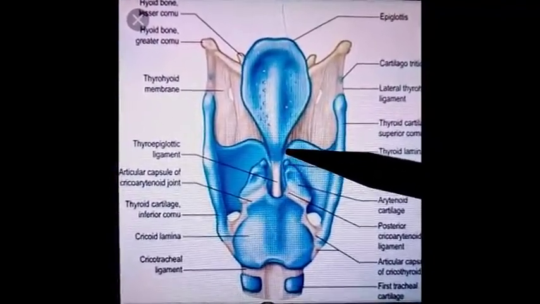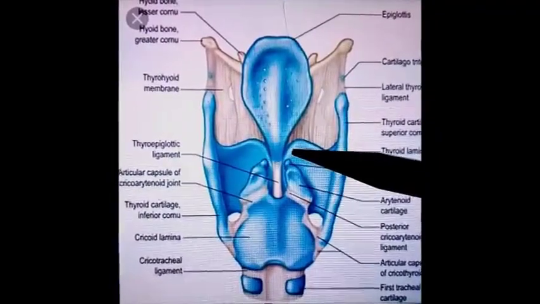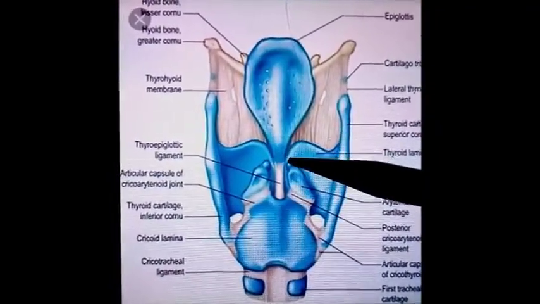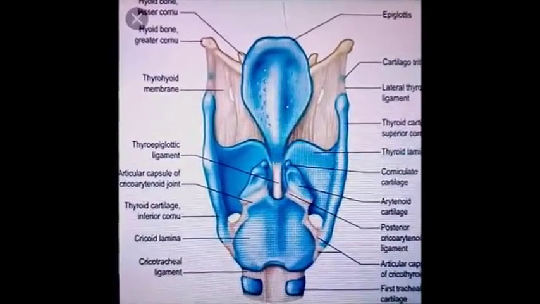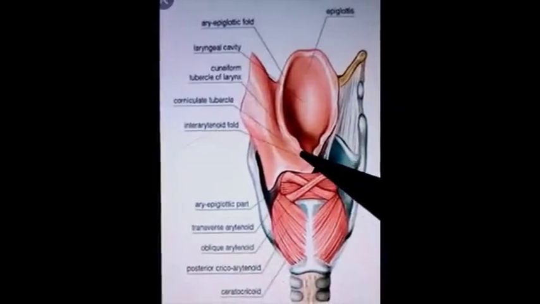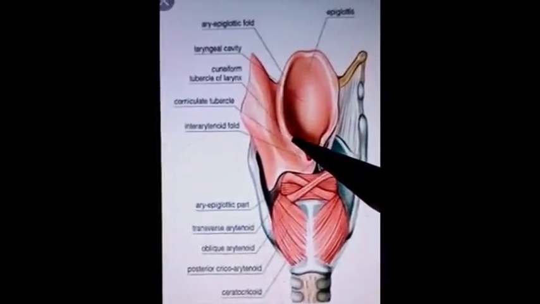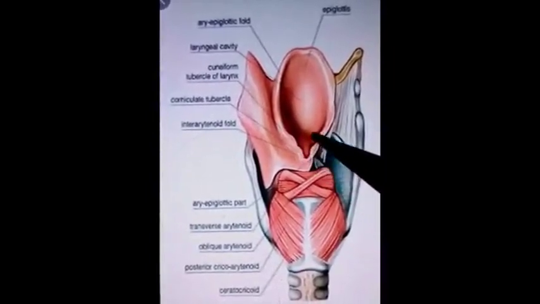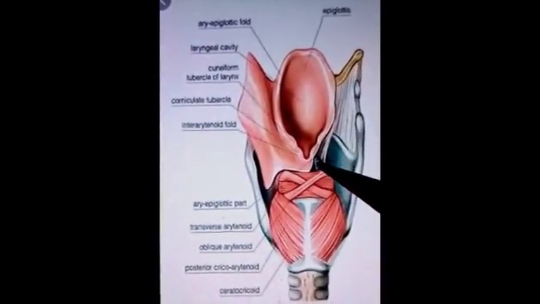Then the cuneiform cartilage, which is rod shaped. These are also two in number, present superior to the corniculate cartilage. Both corniculate and cuneiform cartilages appear in the form of small tubercles in the aryepiglottic fold.